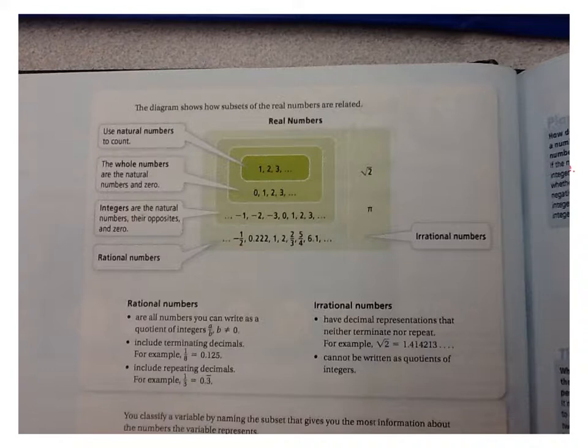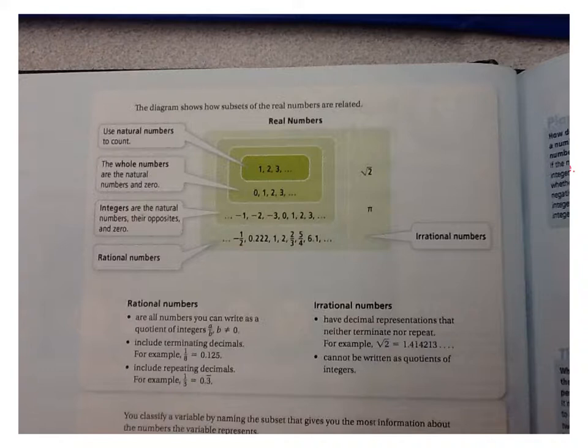Then notice that at the very bottom of that diagram, we end up with a split between rational numbers and irrational numbers. Those two subgroups are something you just have to get set in your mind. Rational numbers are numbers that you can write as a quotient.